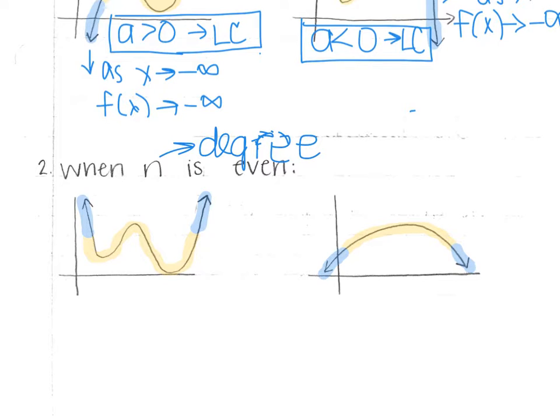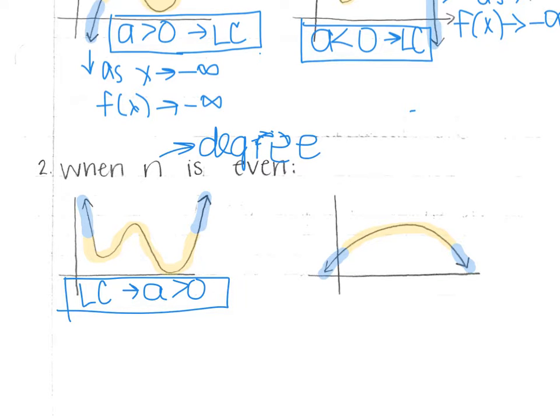So when your degree is even and your leading coefficient, a, is greater than 0, this is what happens. And you've seen this before in your quadratic equations. If we ignore the yellow space, we see that our quadratic equations, when a is positive, open upward.